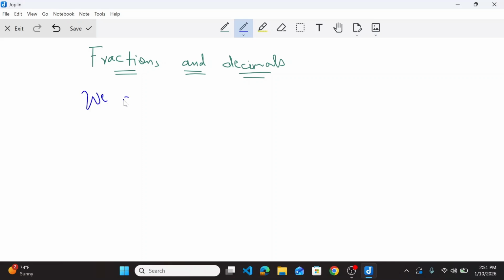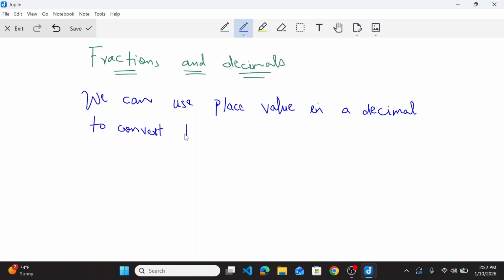We can use place value in a decimal to convert the decimal to a fraction.